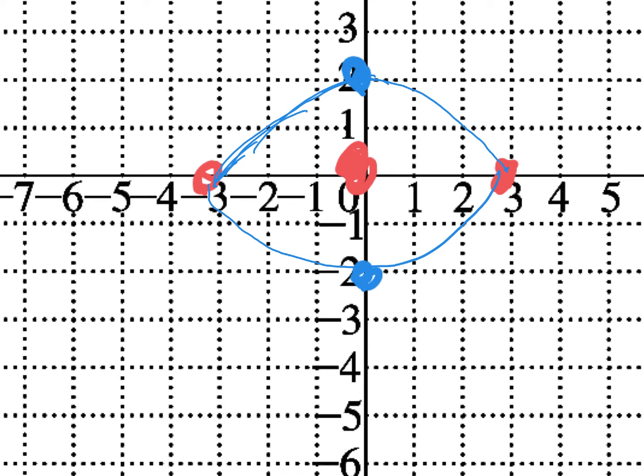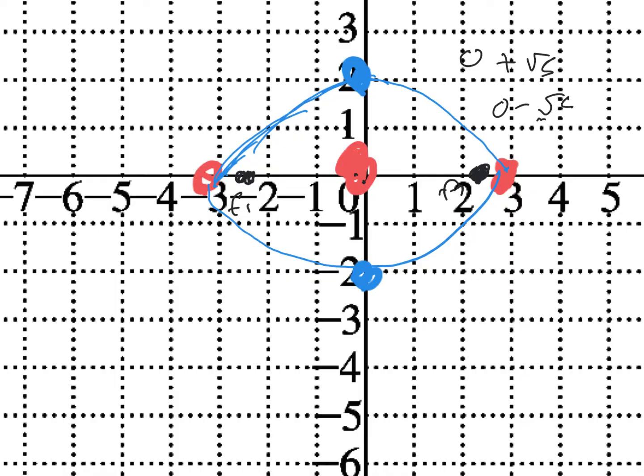Now, the question is, where in the world would be the foci? Remember, center was 0, 0. So I need 0 plus the square root of 5 and 0 minus the square root of 5 from the center. And how big is square root of 5? It's a little bigger than 2. So I'll go here, and I'll go here. There is my focus 1 and focus 2.